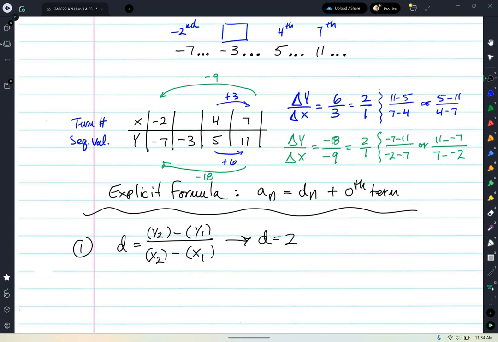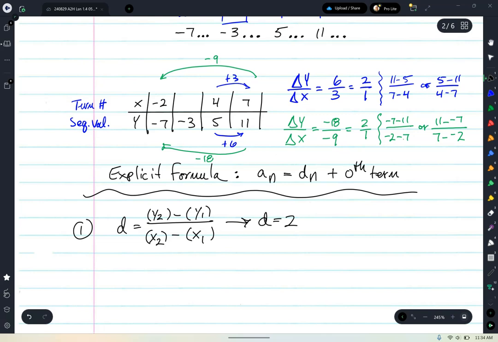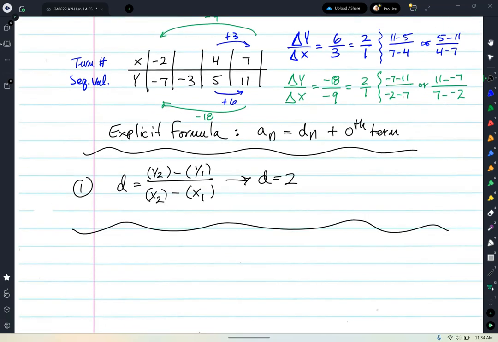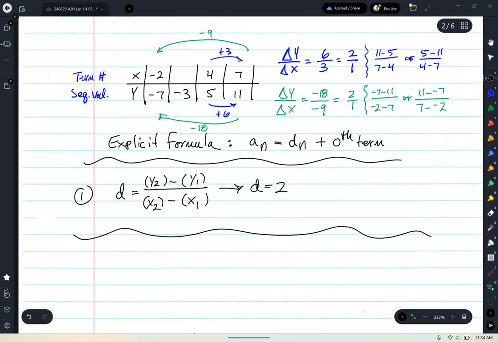So in this problem, that's 2. So the ratio of change between sequence value and term number is the same thing as the ratio of change between y and x, which is the slope of our line. Okay, good. Now we have to find the 0th term.